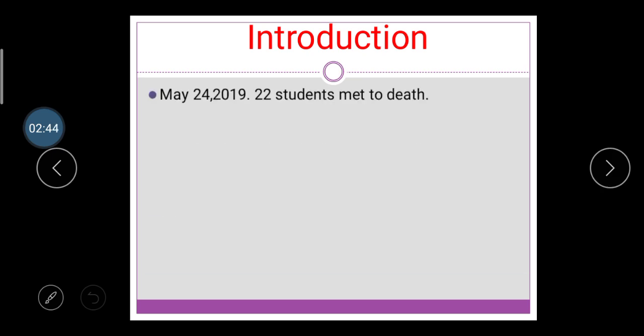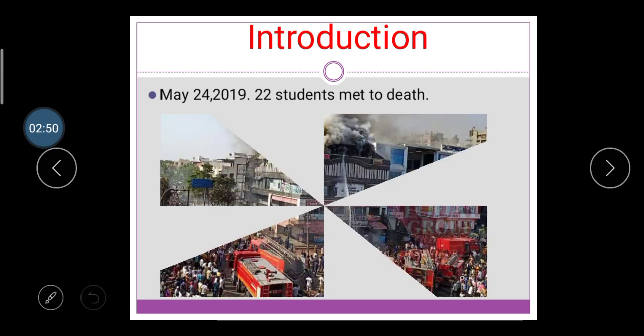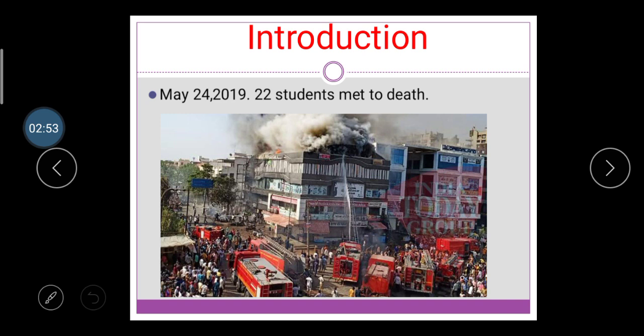There is one incident we are considering for ethics: a tragedy happened in Surat. A coaching class was working on the 4th floor, and the tragedy happened on May 24, 2019. In this tragedy 22 students died. This is a very serious tragedy that happened at Surat, Gujarat.